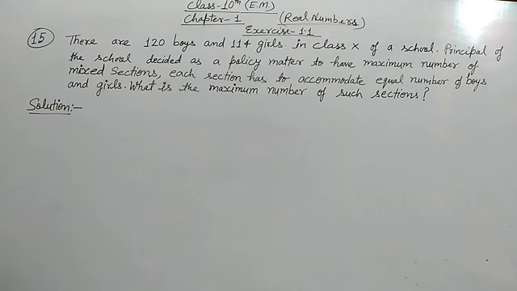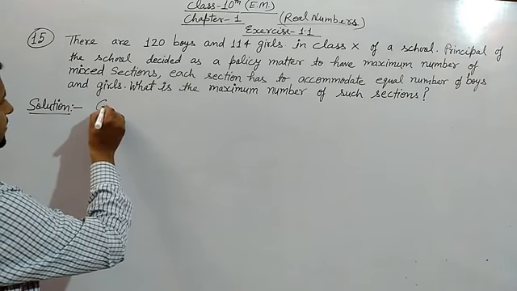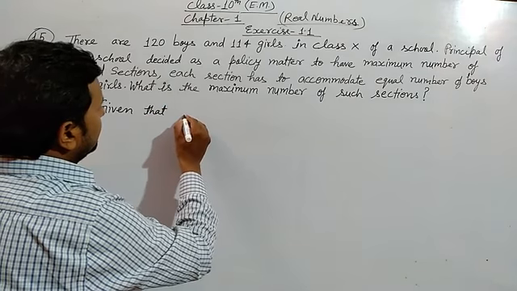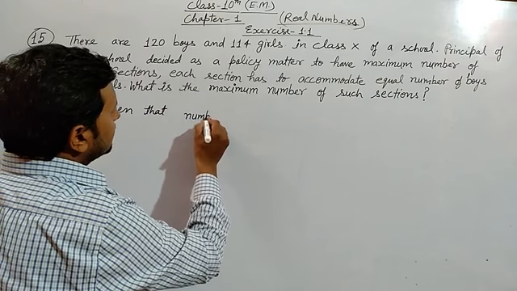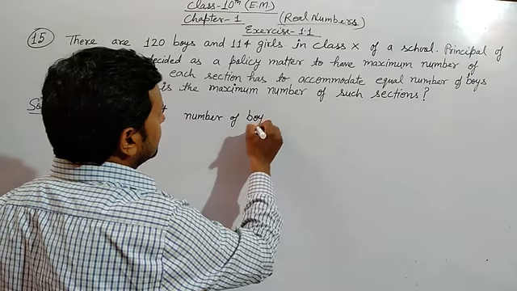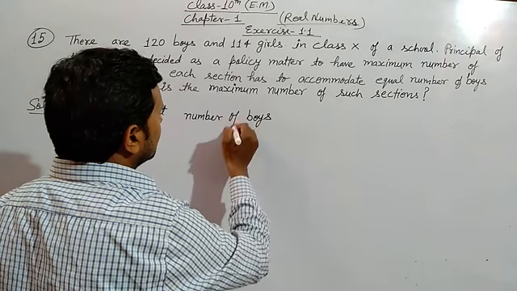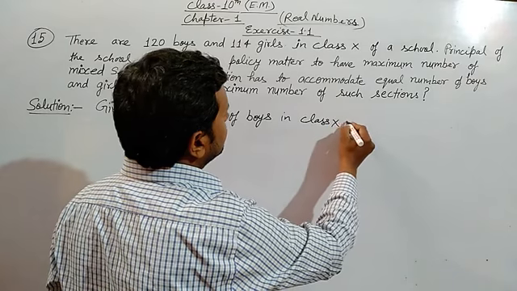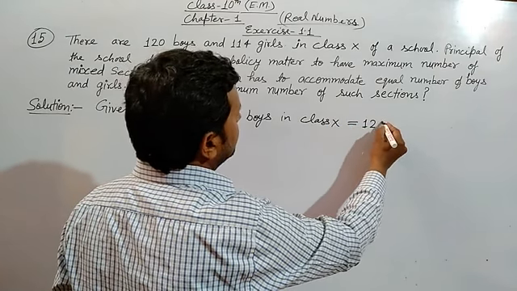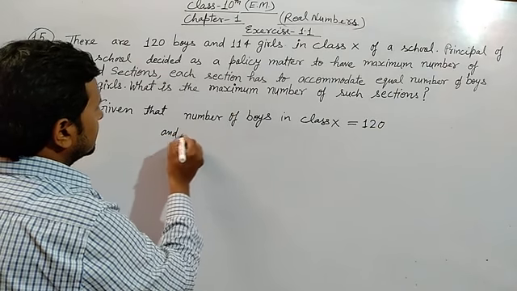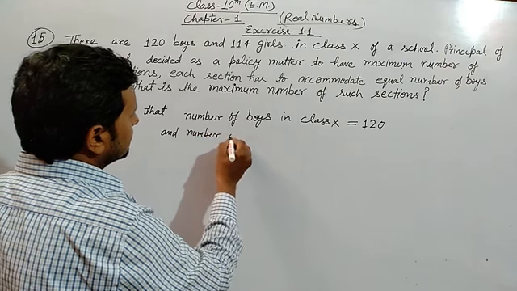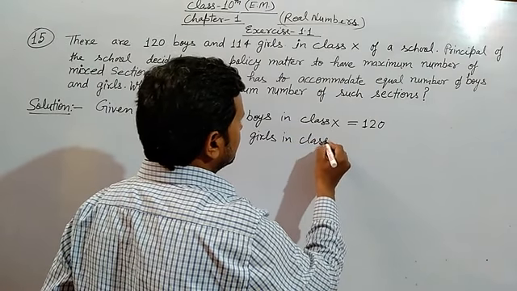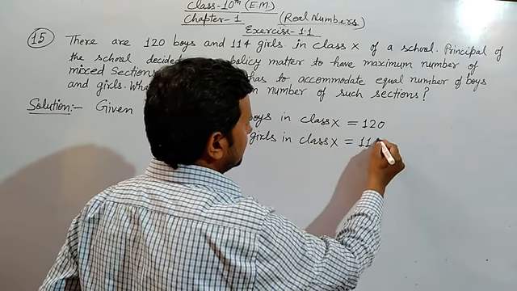It's right. Now we solve here. Given that number of boys in class 10th is equal to 120 and number of girls in class 10th is equal to 114.